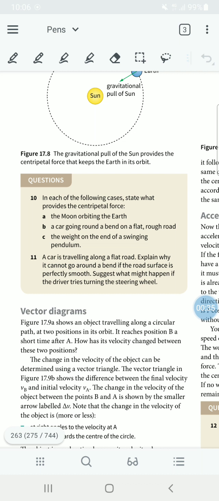Now you know that the moon orbits the earth just like the earth orbits the sun. When a planet or a satellite is orbiting something, we know the gravitational field is what provides the centripetal force.